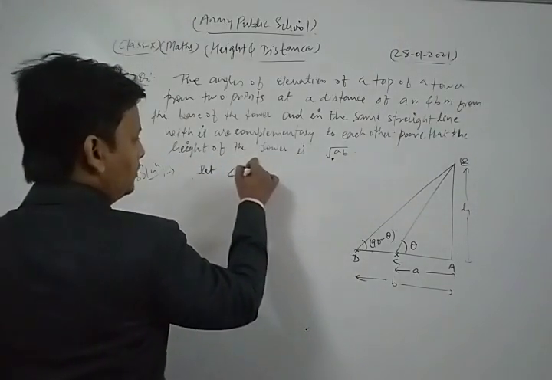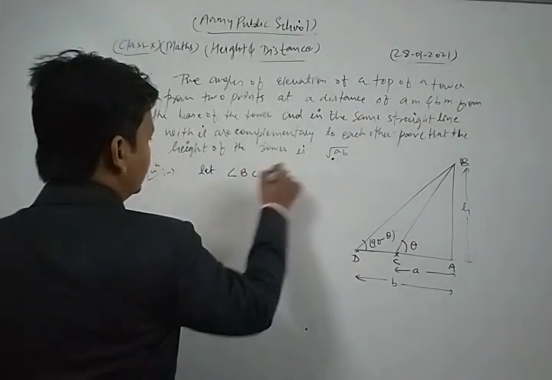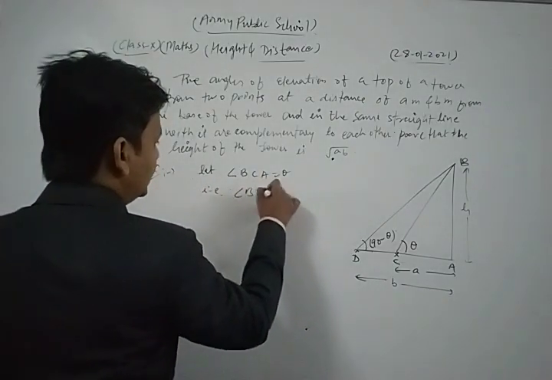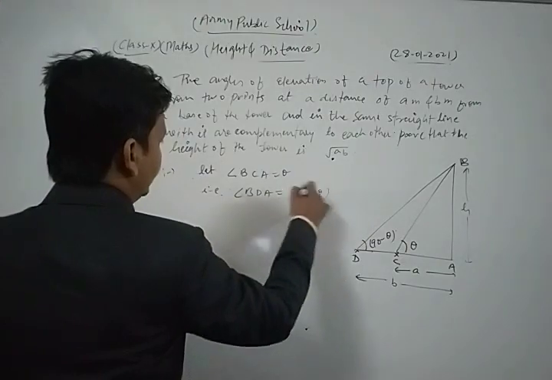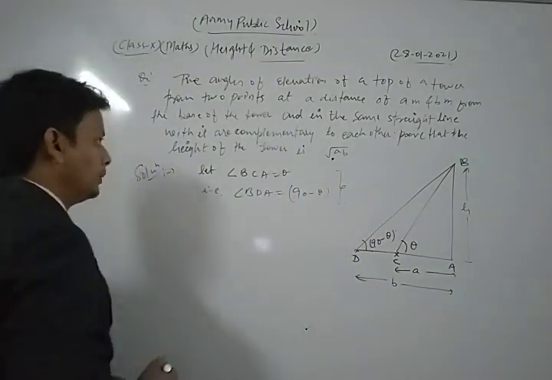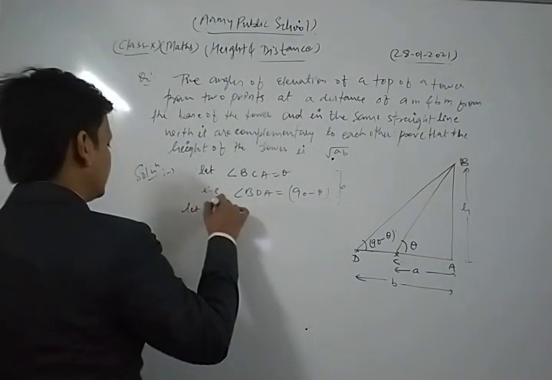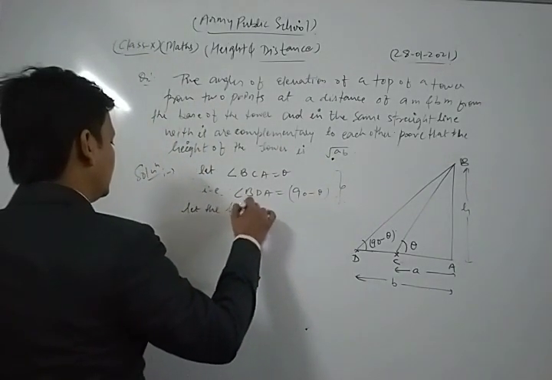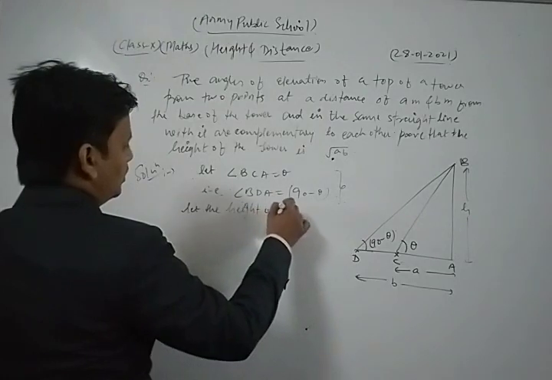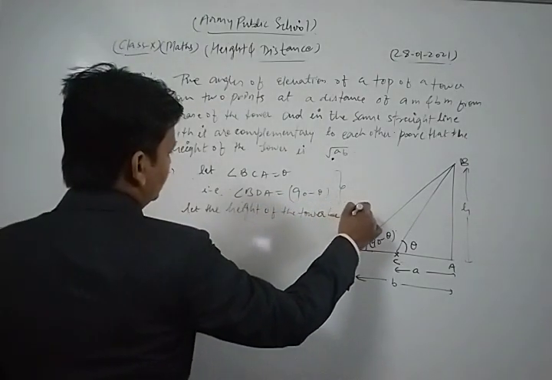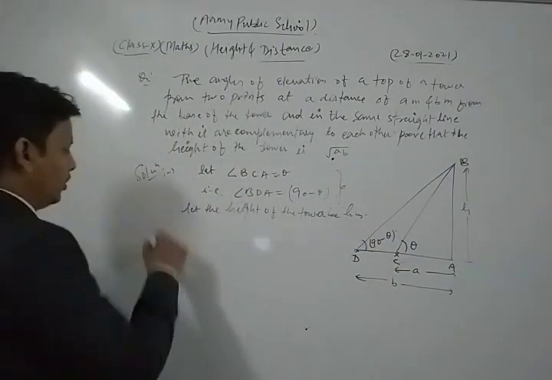Let angle BCA be theta, then angle BDA is 90 minus theta, since both are complementary to each other. And let the height of the tower be h meter.